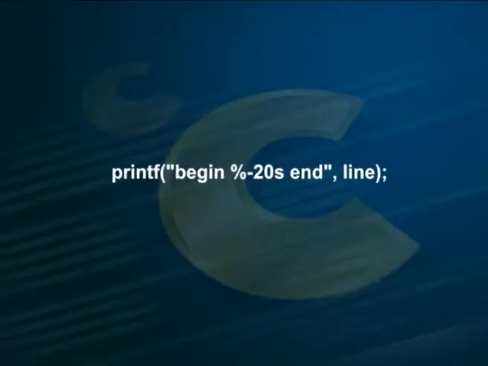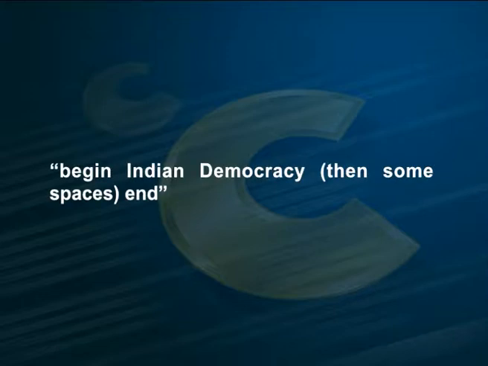A minus can be used to left justify this display. For example, printf("begin %-20s end", line); prints begin Indian democracy then some spaces then end. Here also the string field is of width 20 characters, but the string is left justified.